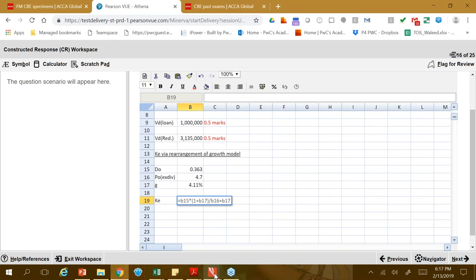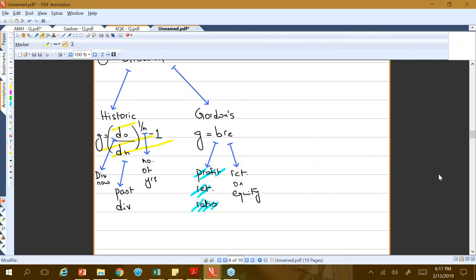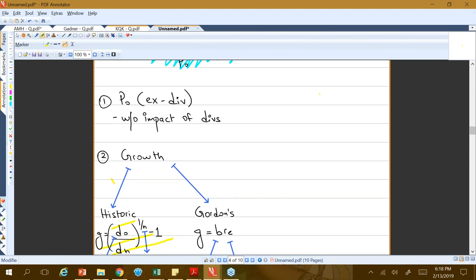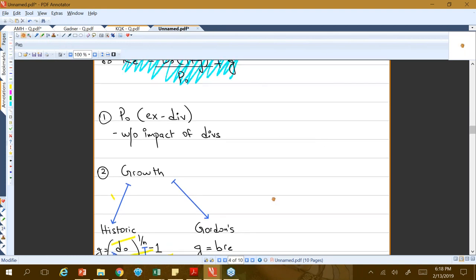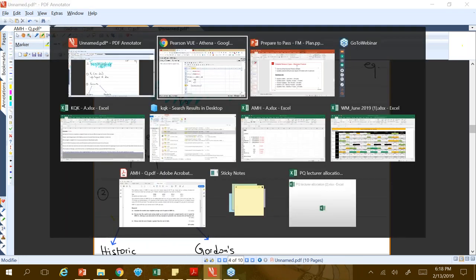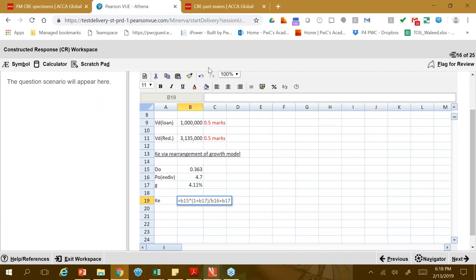So what I've done here is simply use this formula on my spreadsheet. The rearrangement formula of the growth model is what I have used, nothing else. Once we do this, we can show the KE as a percentage, and we get 12.15% as the KE.